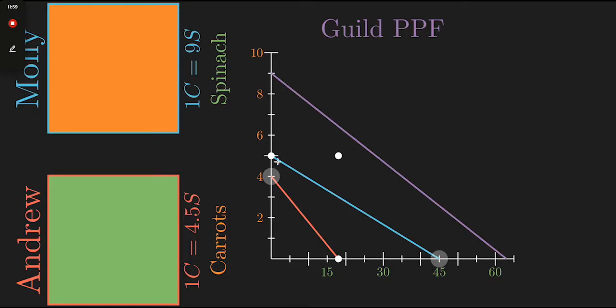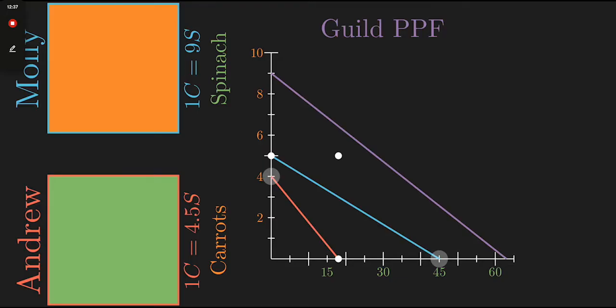Molly can produce 5 units of carrots, so we have 5 on the vertical. And then Andrew can produce 18 units of spinach. So in total, we have 5 units of carrots and 18 units of spinach. And it turns out this point, the combination of the 2 farmers doing the thing that they do not have a comparative advantage in, maximizes our costs and it brings down what we can produce in total.